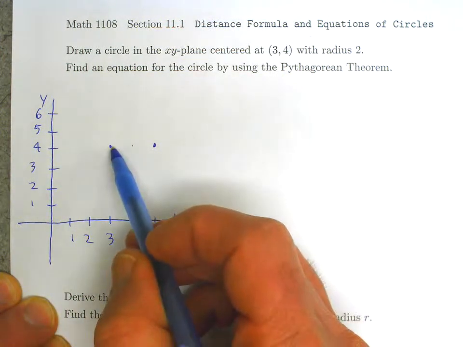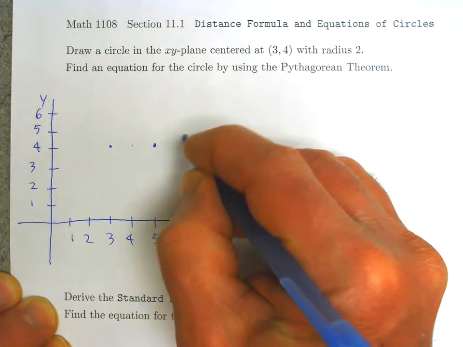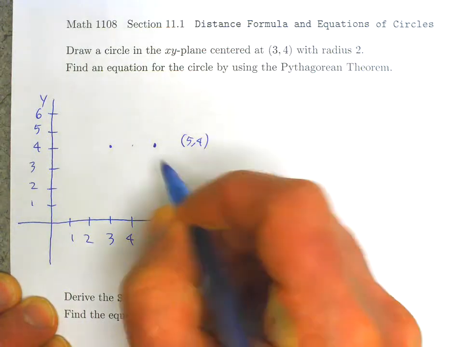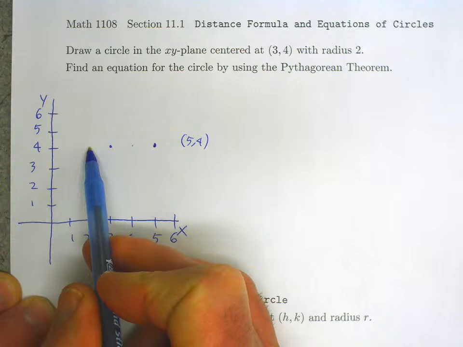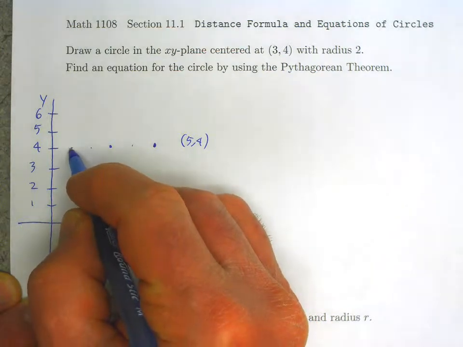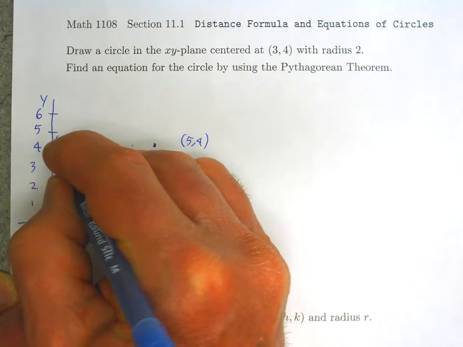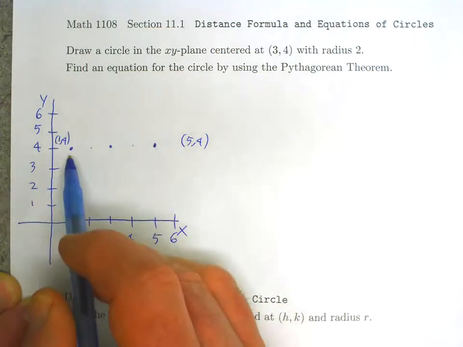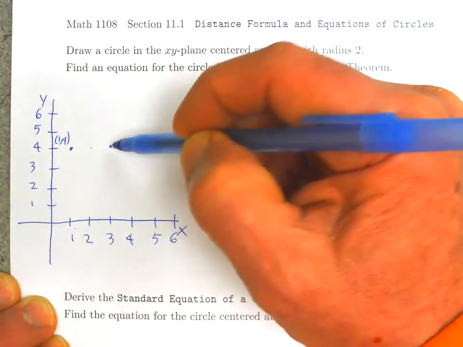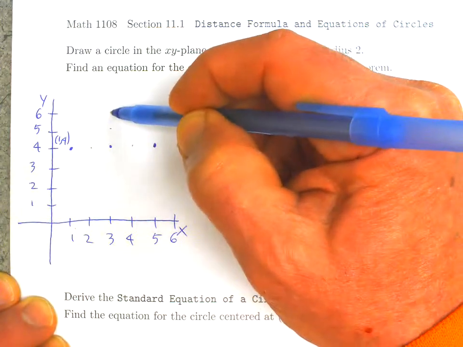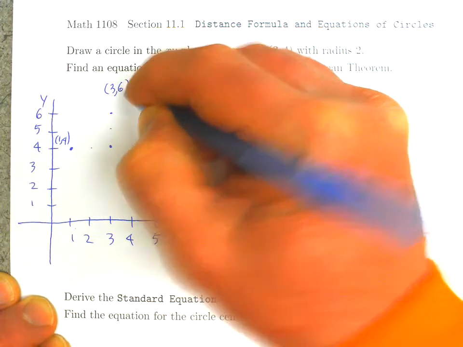So from the center, if I move 2 units to the right, then this point, (5, 4), is a point on the circle. And from the center, if I move 2 units to the left, so this time I'm at (1, 4), that's another point on the circle. And then if I move vertically from the center up 2 units, this point is (3, 6).